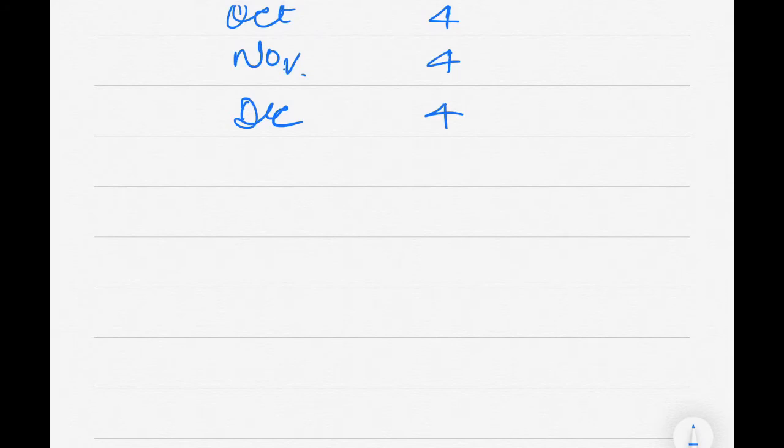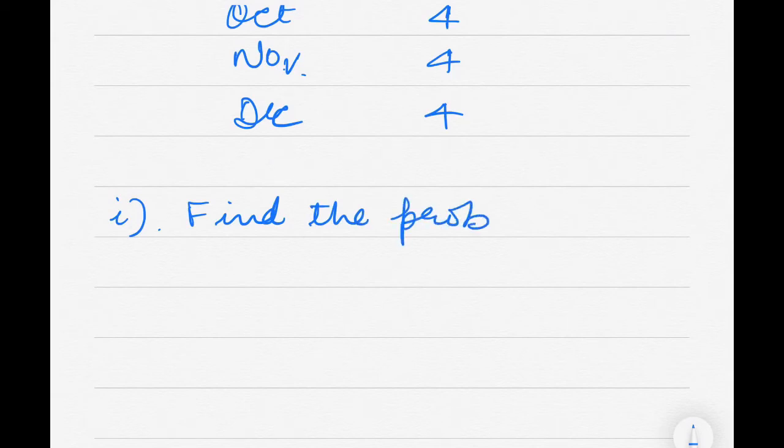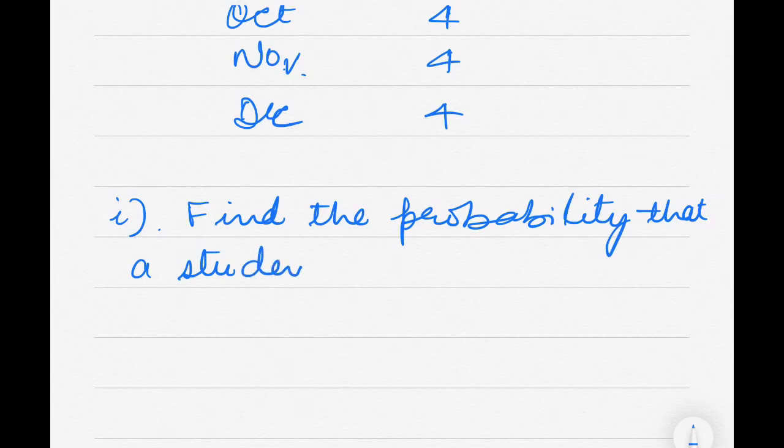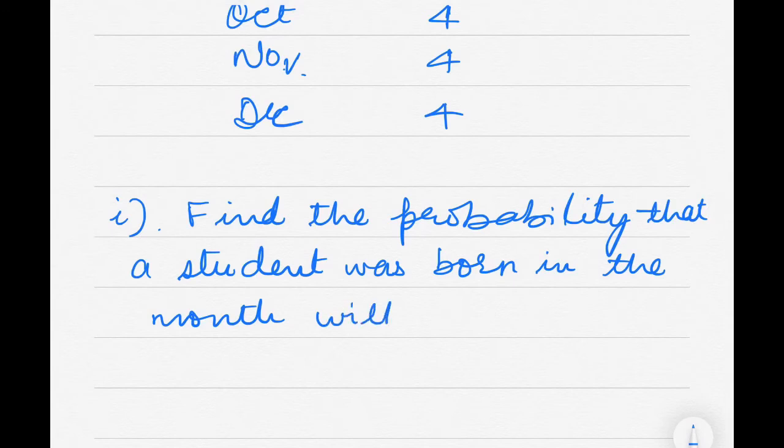Okay, so now we have two questions in this. The first part of the question asks: find the probability that a student was born in a month with 31 days.